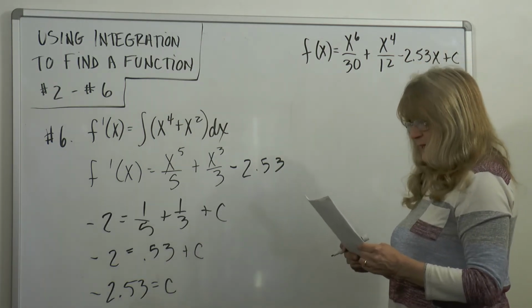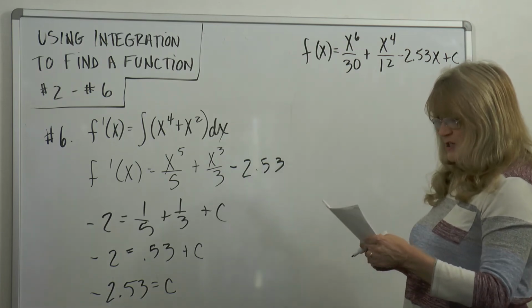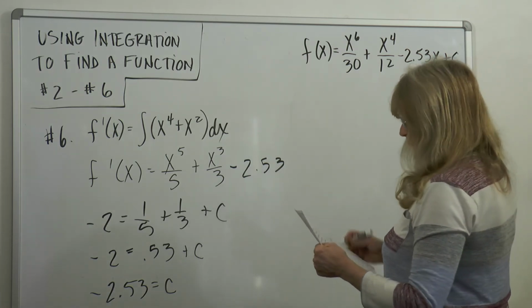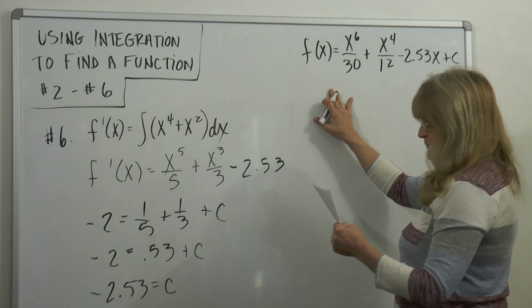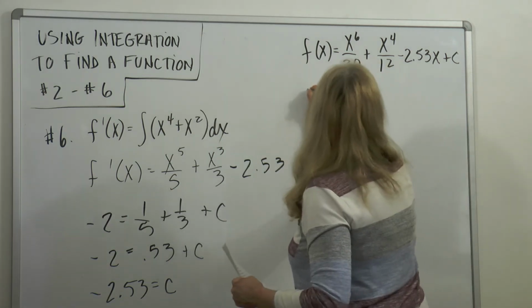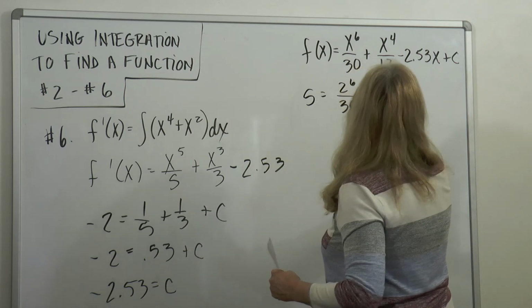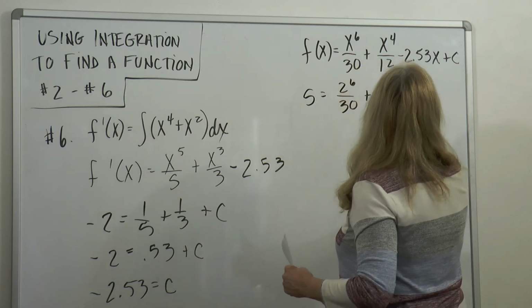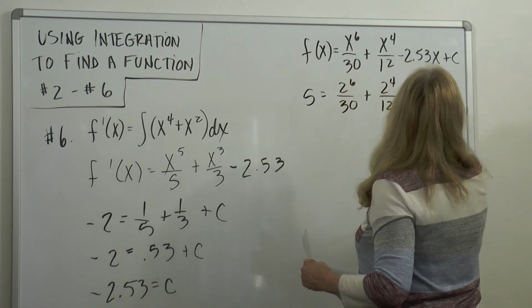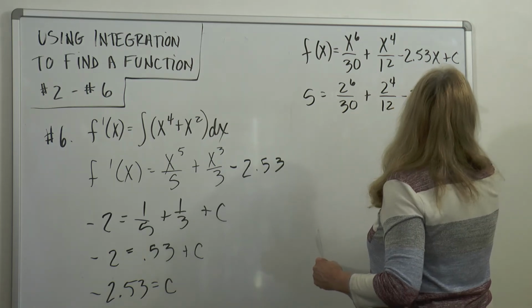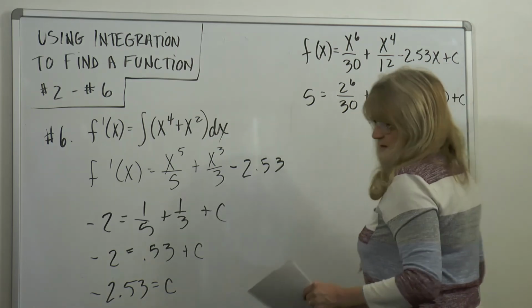And then it tells me that when x is 2, my position function equals 5. f of 2 equals 5. So 5 equals 2 to the 6th over 30 plus 2 to the 4th over 12 minus 2.53 times 2 plus c.